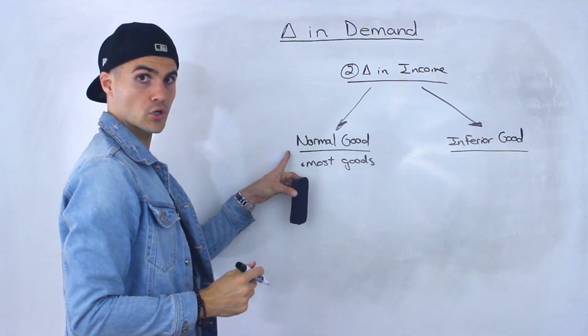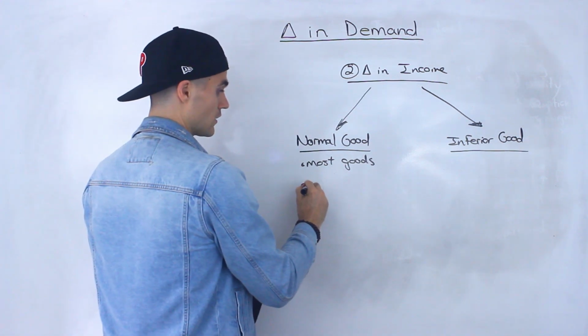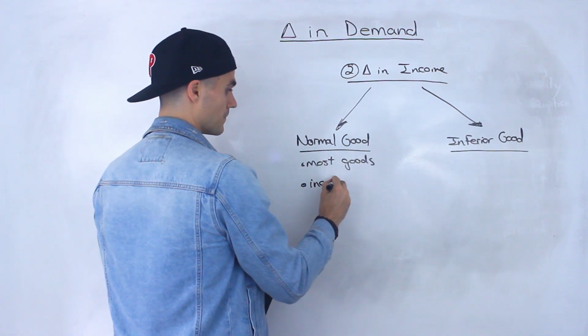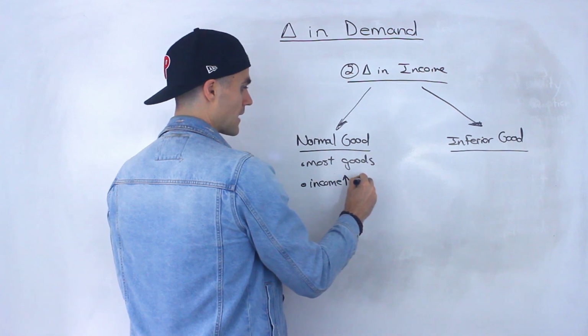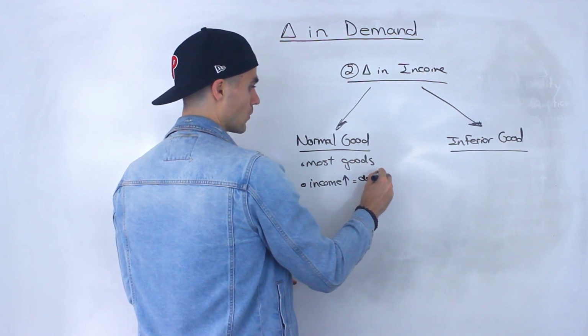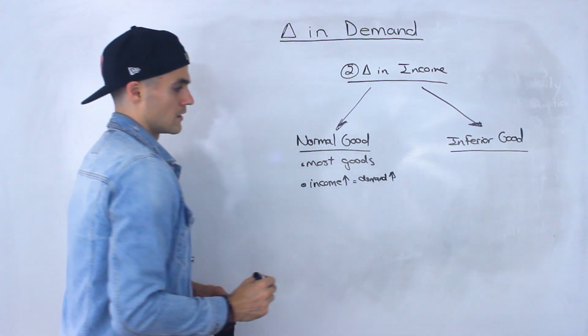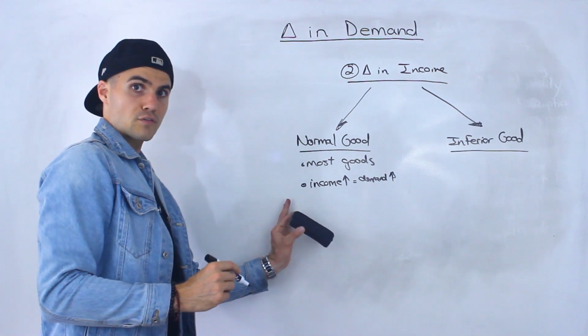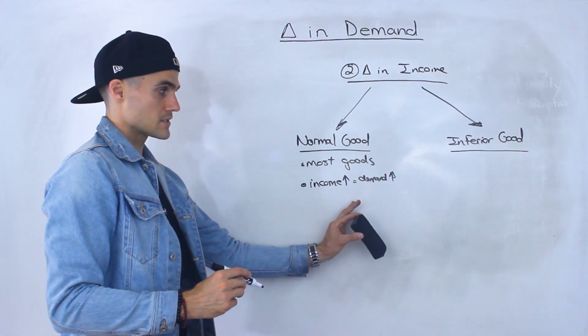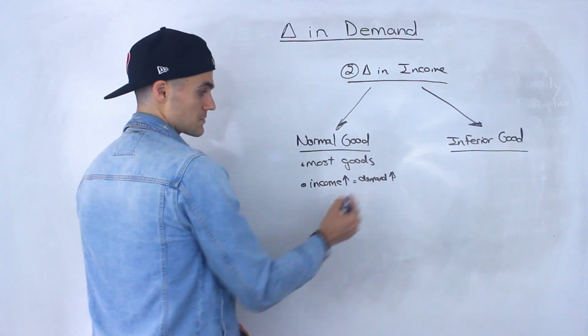Okay, so a normal good, most goods and services, if your income goes up, then the demand for those goods and services is going to go up, meaning that the demand curve is going to shift to the right. Right? That's what an increase in demand means.